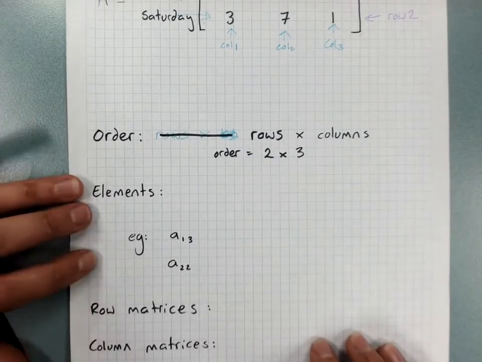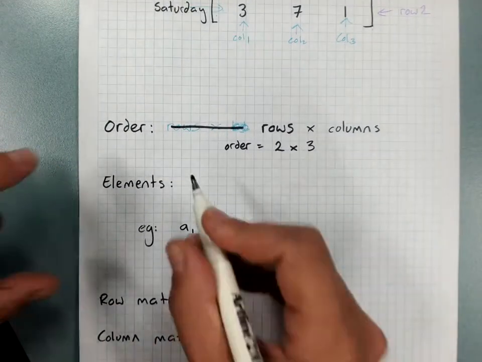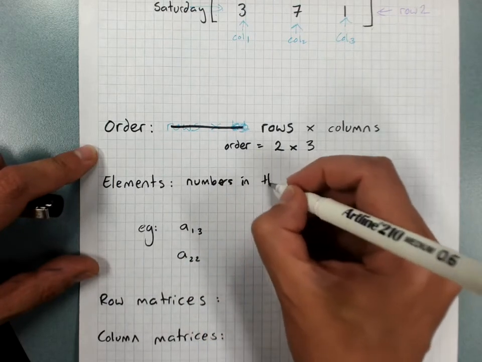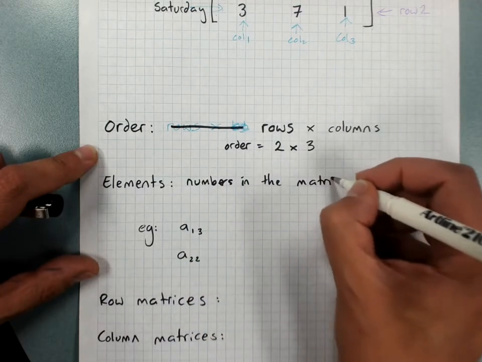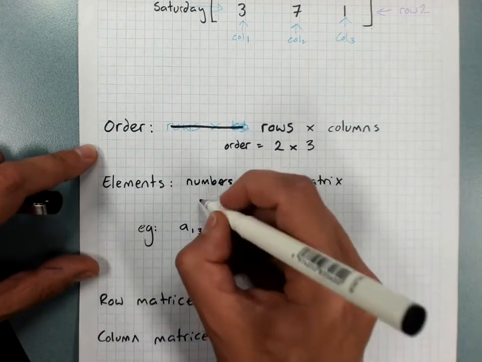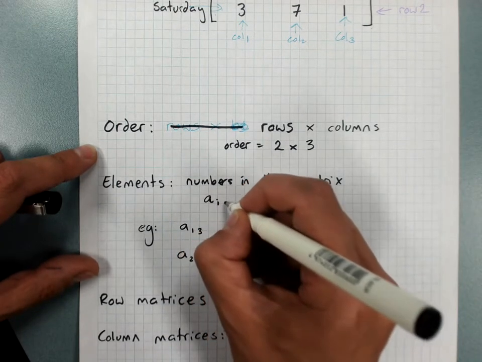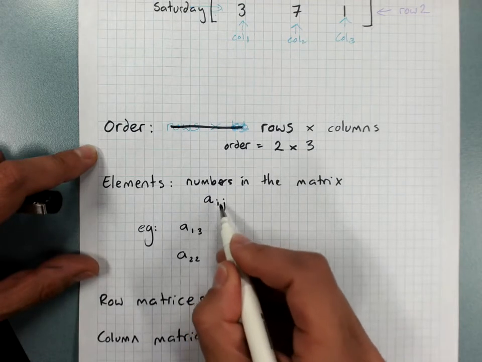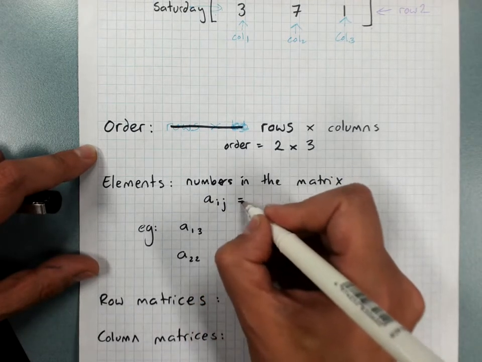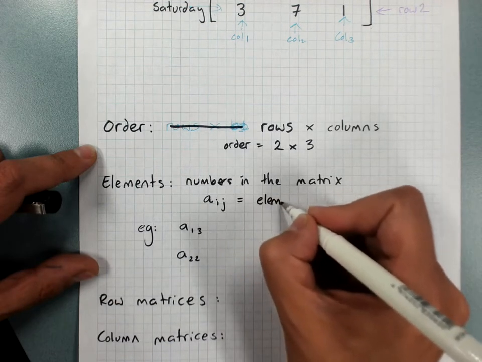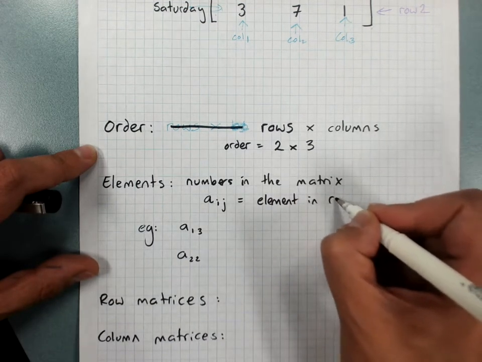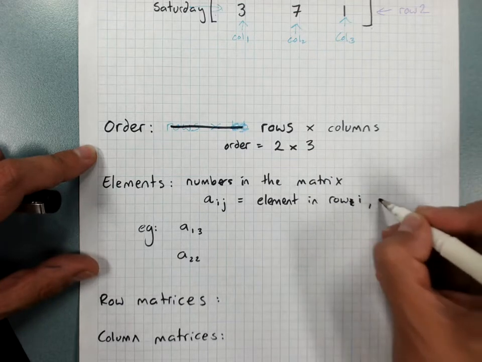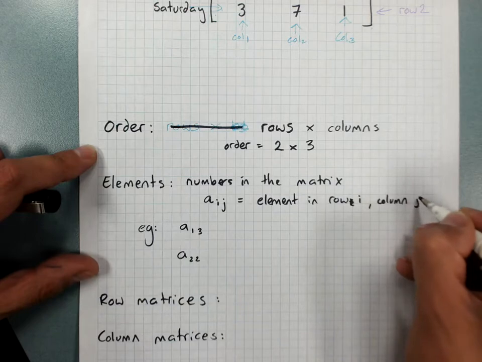The elements of a matrix are the numbers in the matrix, and element a_ij, where these little things are numbers in subscript, identifiers below the line, is element in row i, column j.